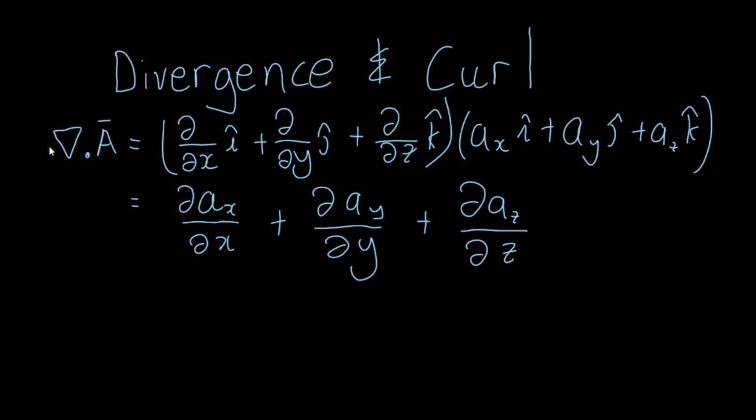This dot product between the del operator and the vector is called the divergence of the vector A, and it's written as div of A. So the divergence is defined as the dot product of the grad operator with a vector.